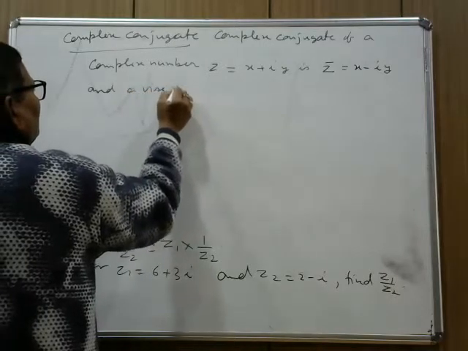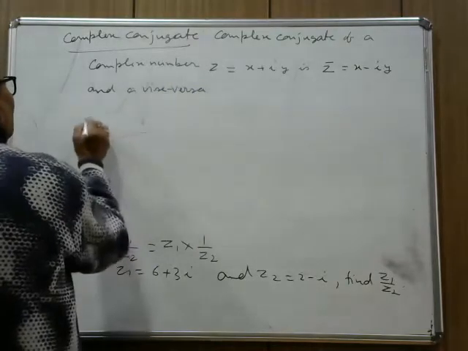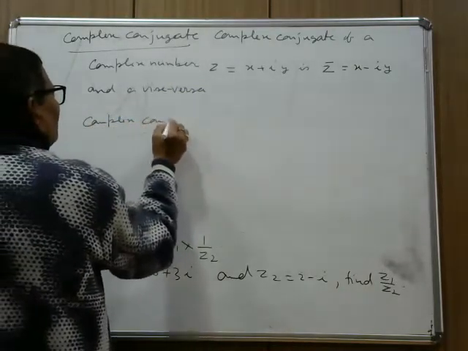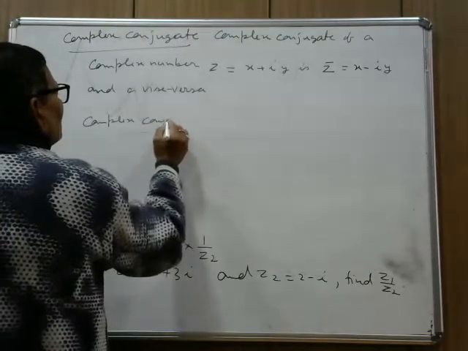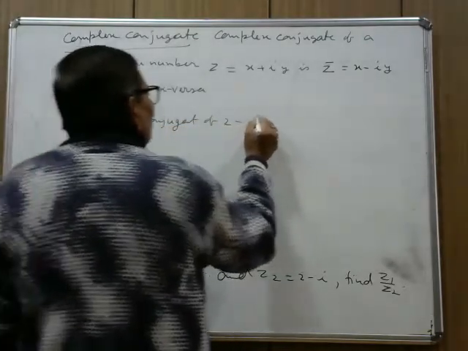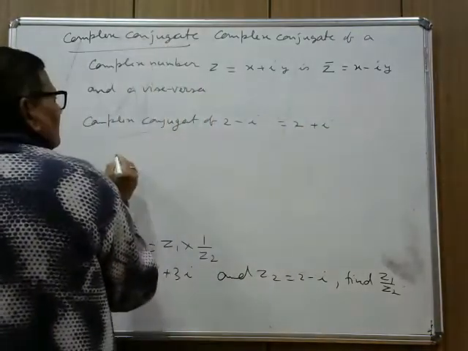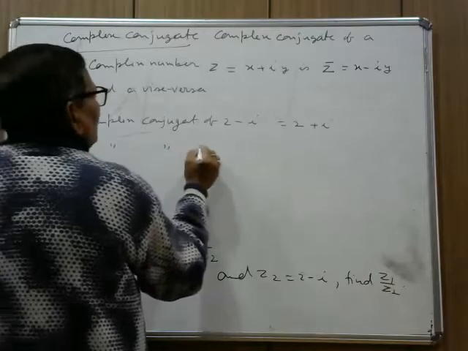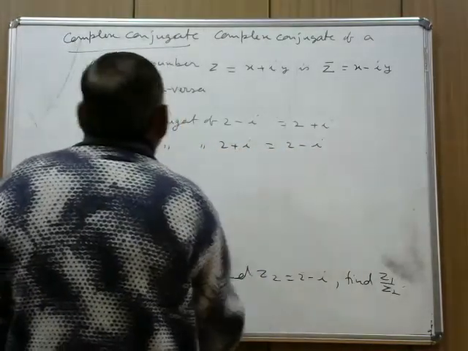For example, the complex conjugate of 2 minus i equals 2 plus i. The complex conjugate of 2 plus i is 2 minus i.